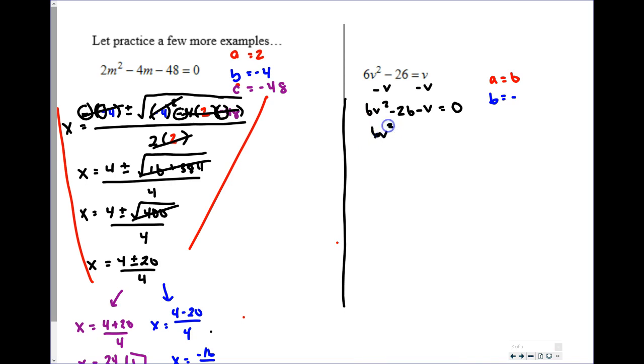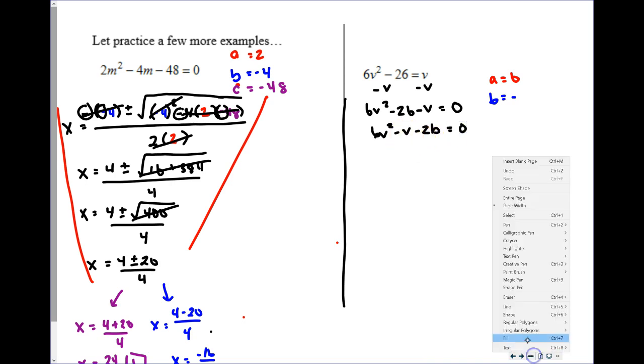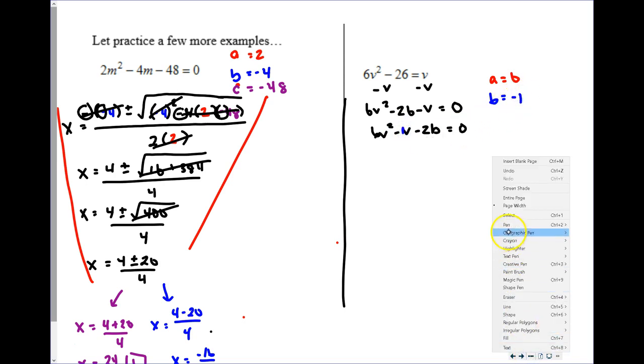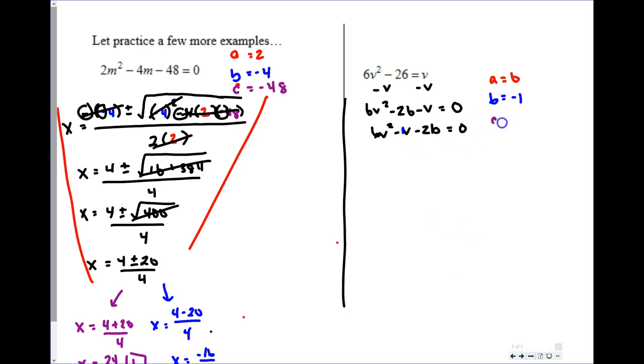This should be 6v squared minus v minus 26. Right? Now my v is in the right place, and now I know my b is actually negative 1. If you don't put it in the right order, then you're going to have your a's and your b's and your c's mixed up, like I would have almost done. Okay? And then the last number is negative 26. So c equals negative 26.